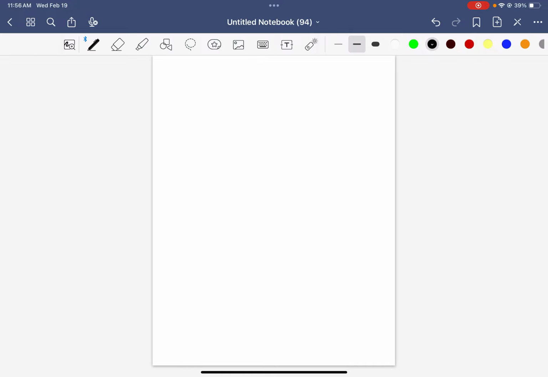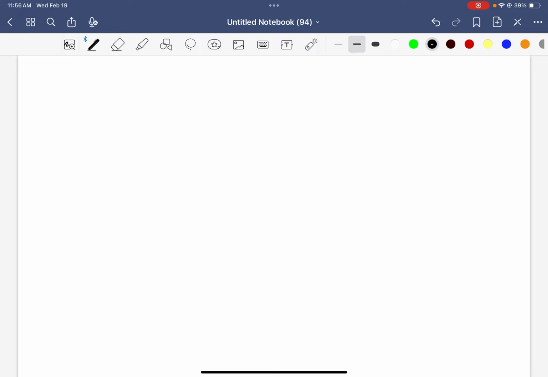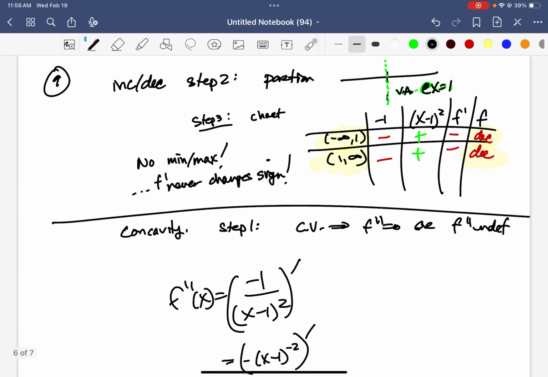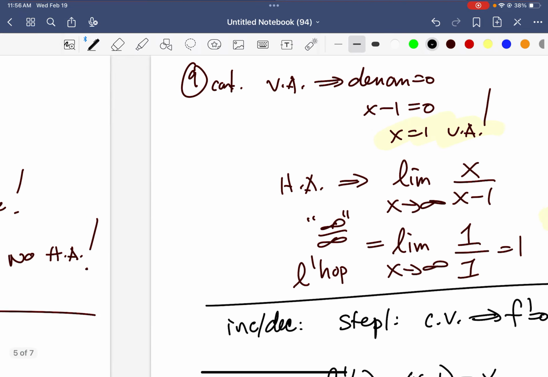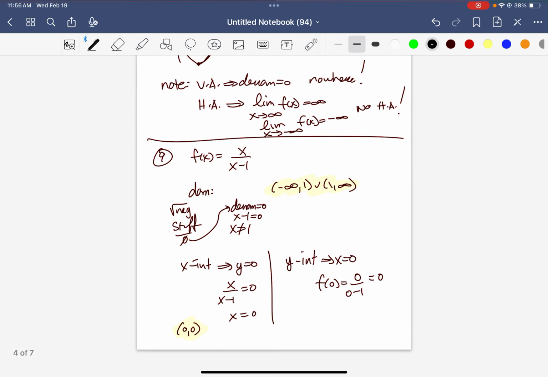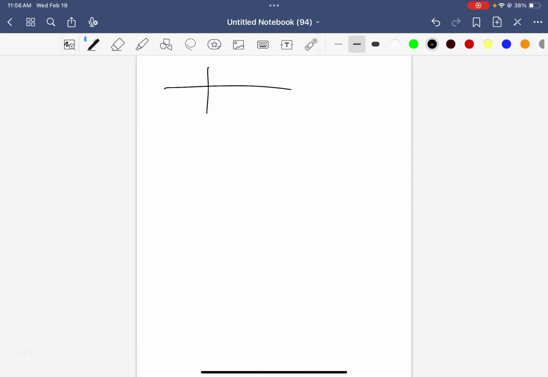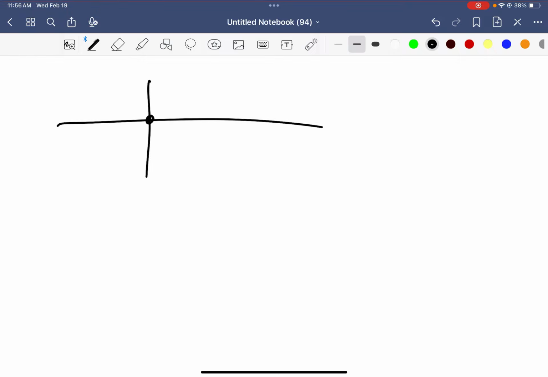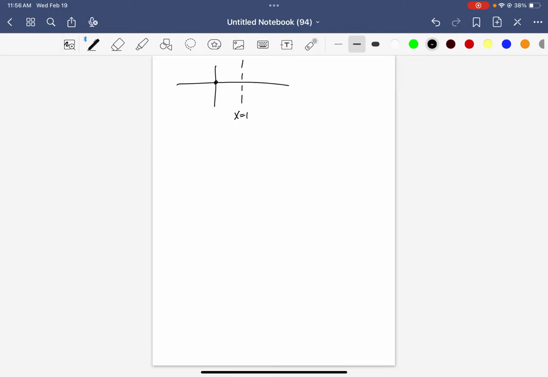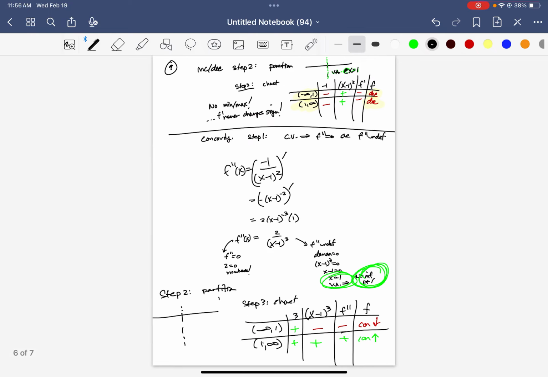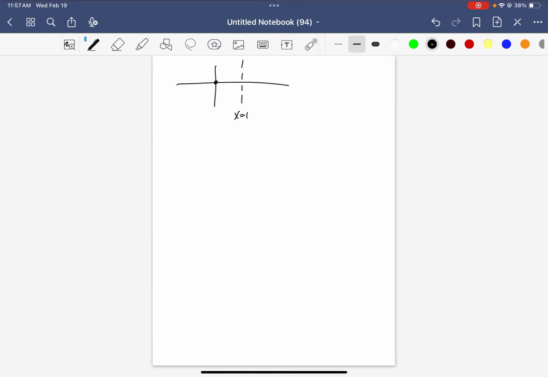When we put it all together and try to draw this, our x-intercept and y-intercept is just 0, 0, with a vertical asymptote at x equals 1. And we said that our function was decreasing everywhere.